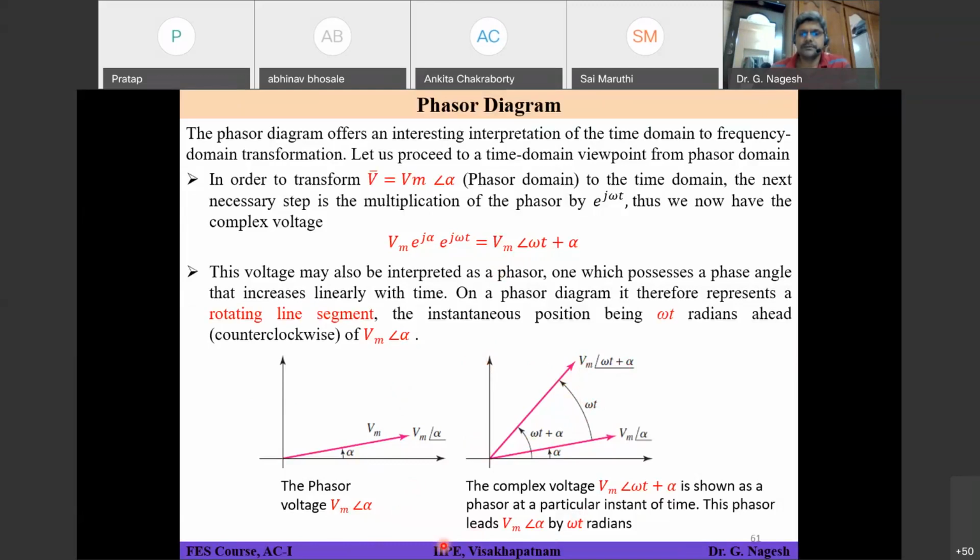At different instances of time, this phasor will be at different positions, rotating anti-clockwise. So this is the phasor diagram if you take Vm at an angle of omega t plus alpha into account.